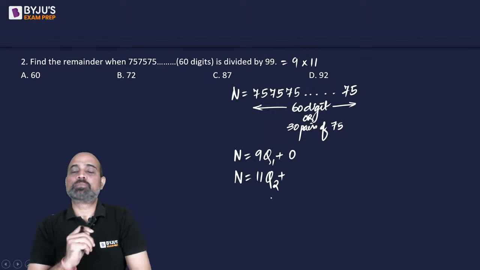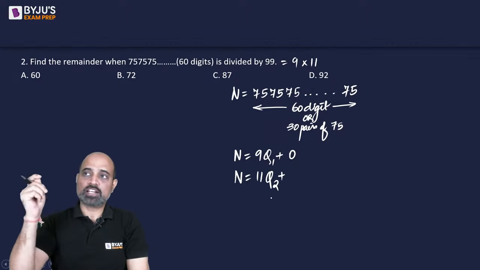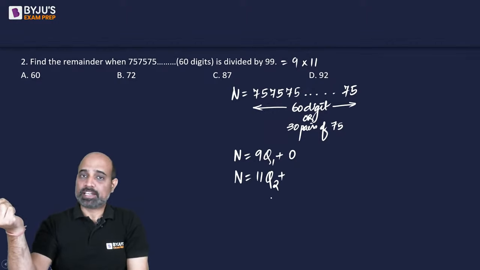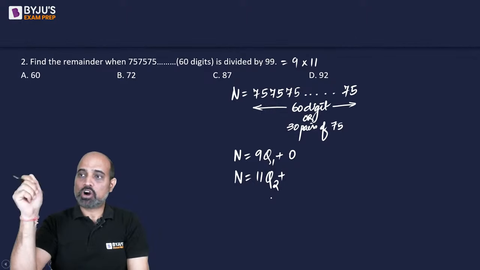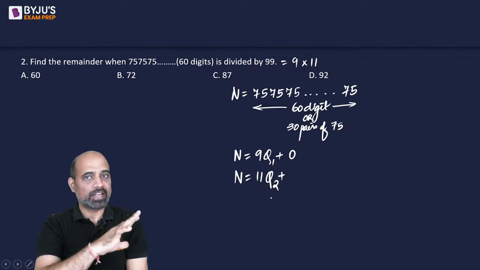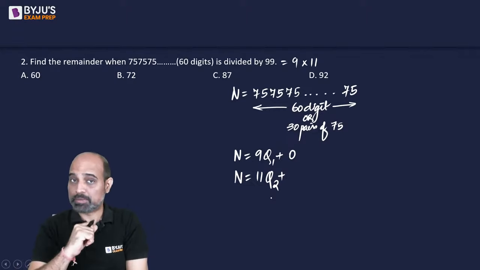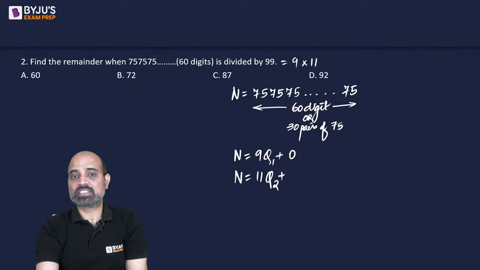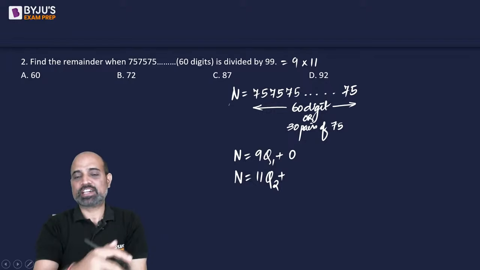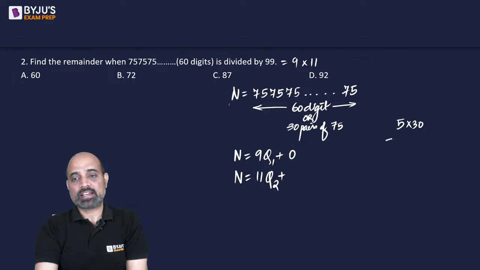Next, if I want to divide this number by 11, what is the divisibility rule of 11? You start from the rightmost side of the number, you pick the odd numbered place digits, add them, minus the sum of the digits at the even places. The odd place digits, if you will see, are 5555. That 5 is going to be there 30 times. And then you need to subtract 7 30 times from there. That will give you minus 2 into 30, which will give you minus 60.